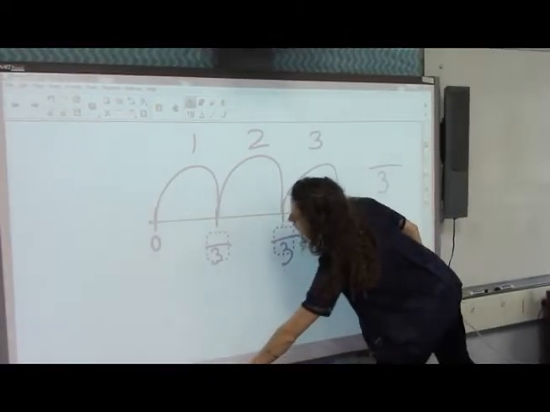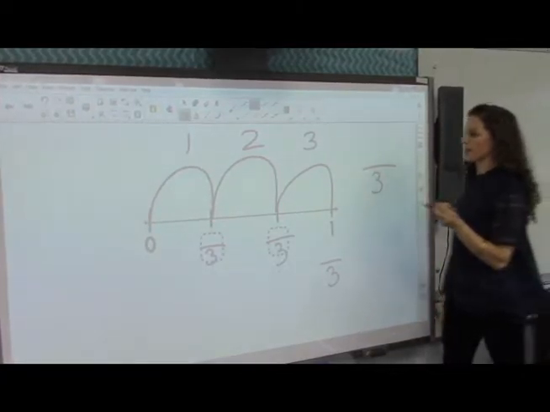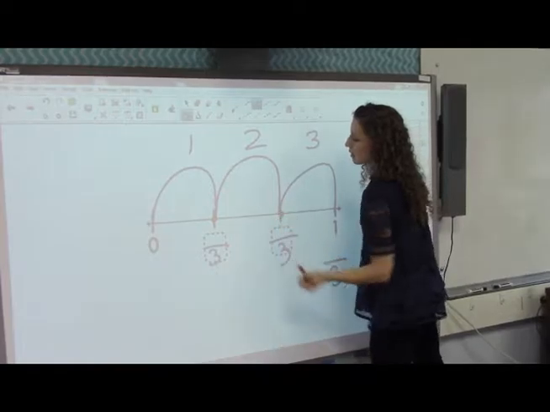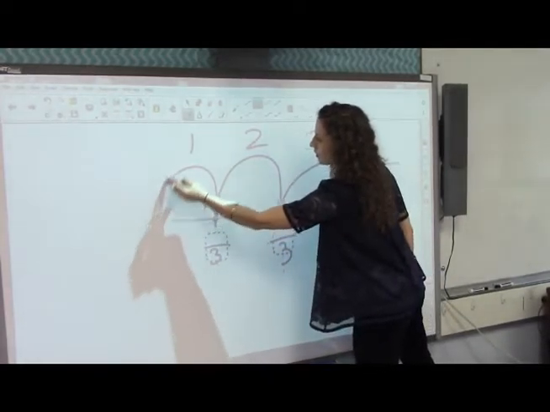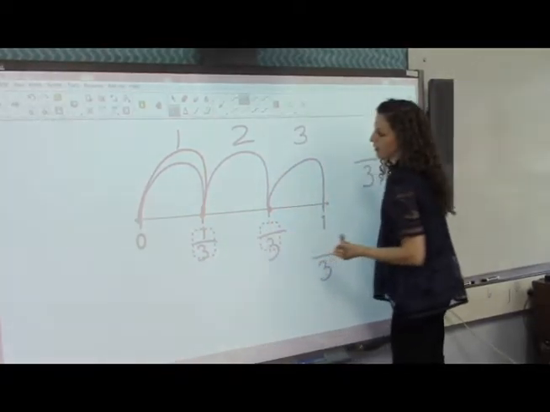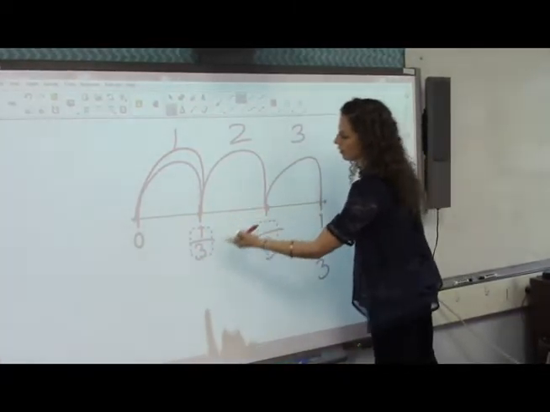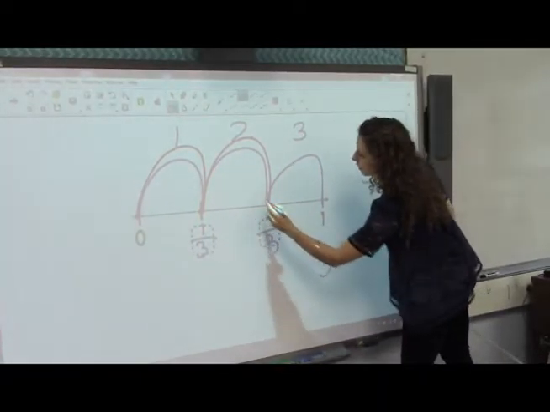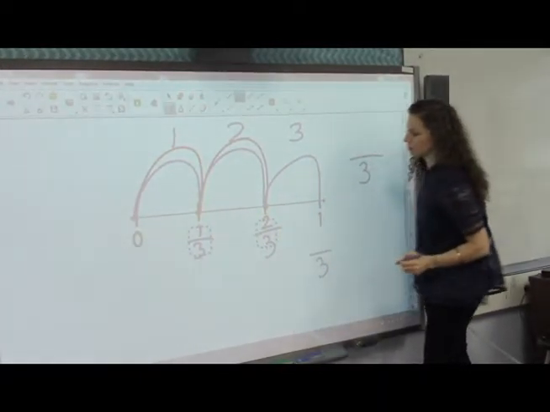Okay. So the next step is I like to look at the jumps and to see where these points land. And this first one lands on the first jump, the first part. So that's the numerator is 1 over 3, or 1/3. And the next one lands on the second part, which is 2/3.